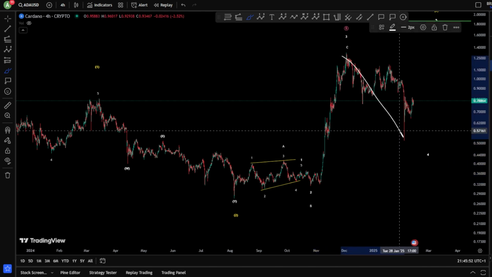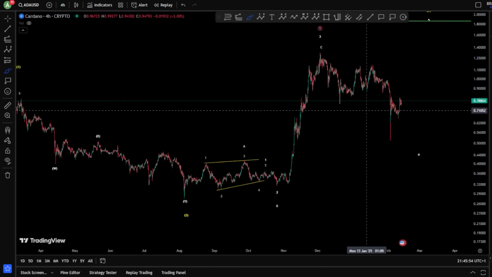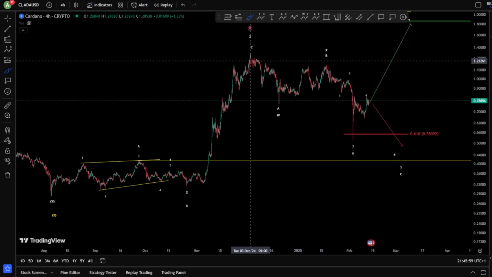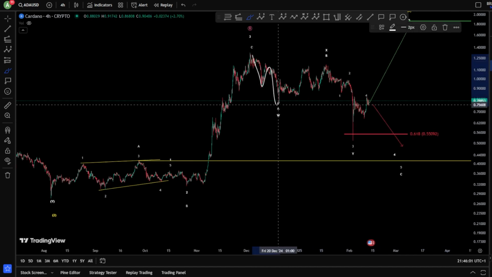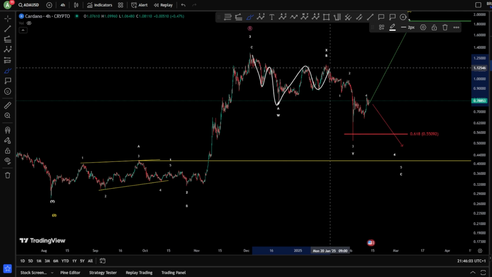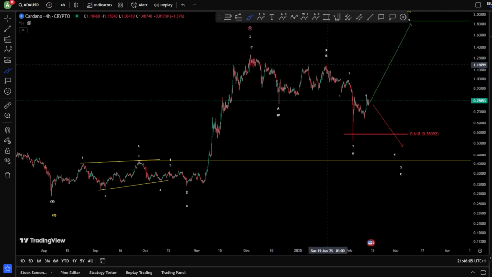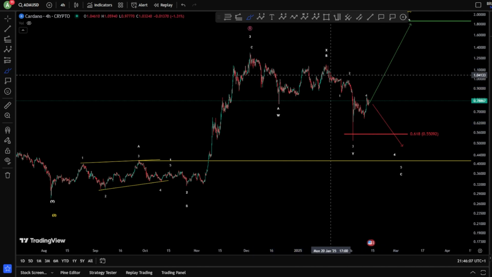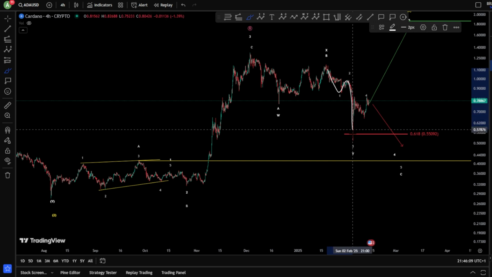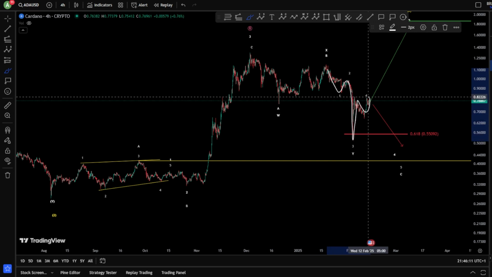Wave 2, 1, 2, 3, 4, and a 5. Now your wave 4 went very, very deep. Again, as you can see, as an A, a B, and a C. So what's happening here is that you probably finished a wave A, and then this is definitely corrective for a wave B, and you're looking for a wave C. In the case you are looking for wave C, you are in 1, 2, 3, 4, not invalidated yet.